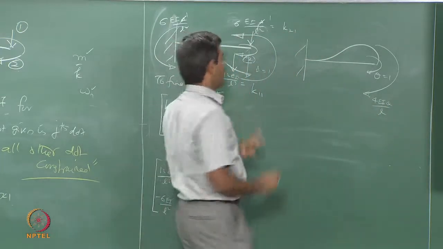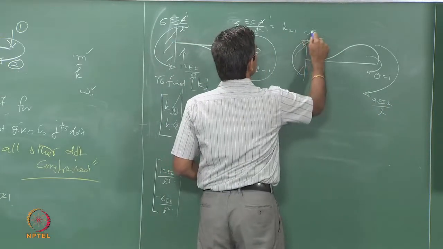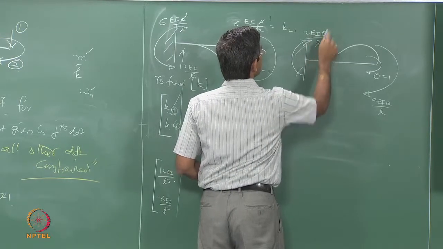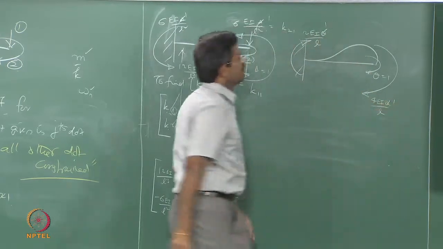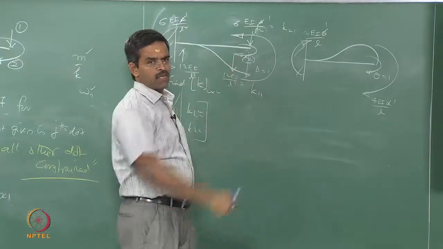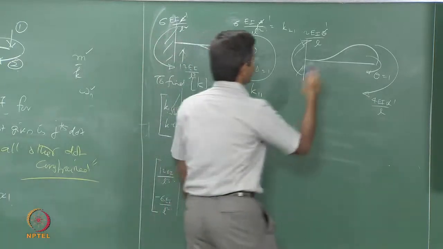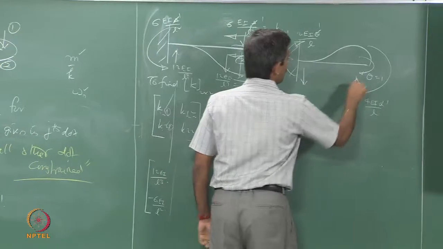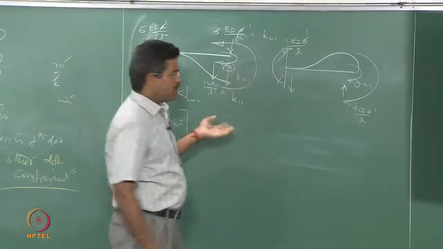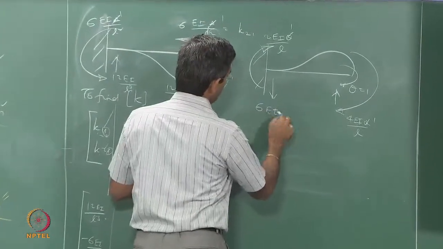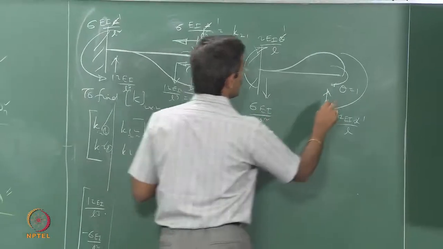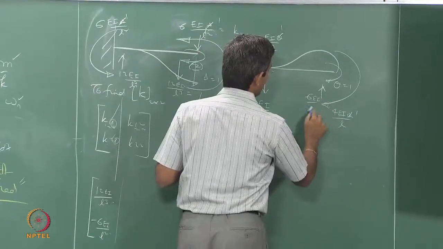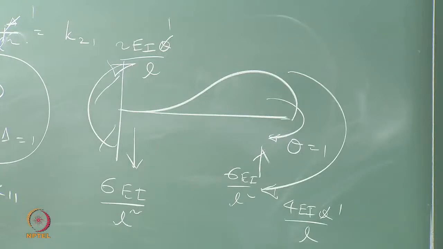And this will be equal to 2 EI theta by L. Now, this has got an unbalanced couple of 6 EI theta by L. So, this will have a force which is 6 EI by L square, and this is also 6 EI by L square.